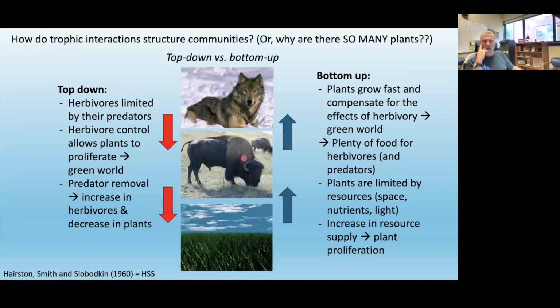Okay, so how do these trophic interactions structure these communities? Well, there are two different controls here. There's top down and bottom up, right? So in top down trophic interactions, the herbivores are really limited by predators, top level predators.